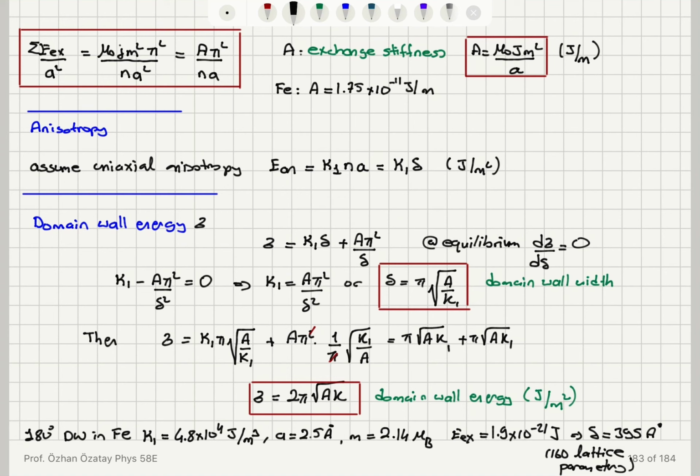And anisotropy energy, assuming uniaxial anisotropy, can be written as the anisotropy constant K1, in joules per meter cubed, multiplied with the length of the wall, which gives us anisotropy energy per area.